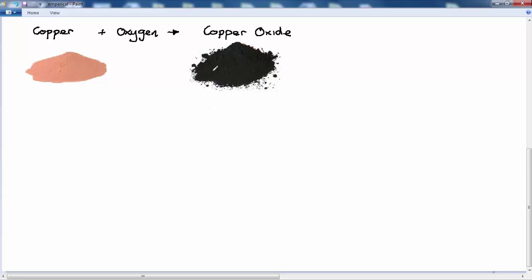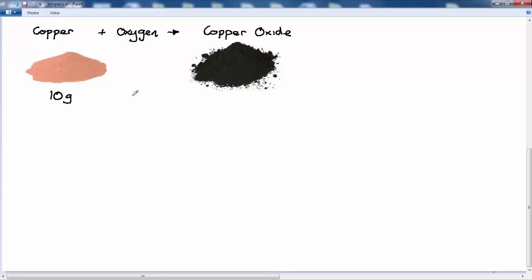Now, if I want to find the empirical formula for this copper oxide, then what I'm going to do is measure the mass of the copper that I started with. Okay, and I do that and I find out that I start with exactly 10 grams of copper powder.